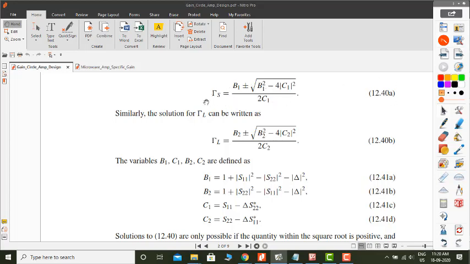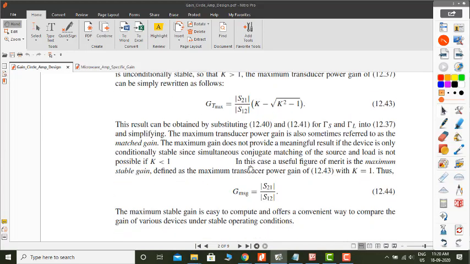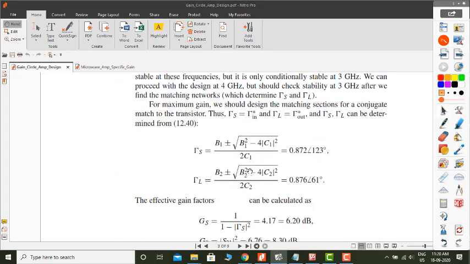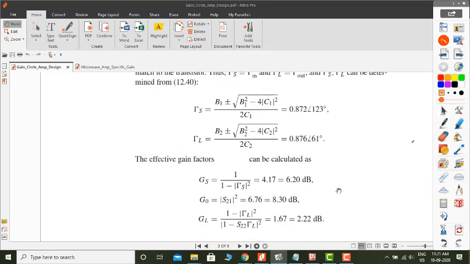We will get the gamma S and gamma L values. In this design, gamma S is 0.87 at an angle of 123 degrees and gamma L is 0.876 with an angle of 61 degrees. Once we compute these values, next we can compute the gain values.